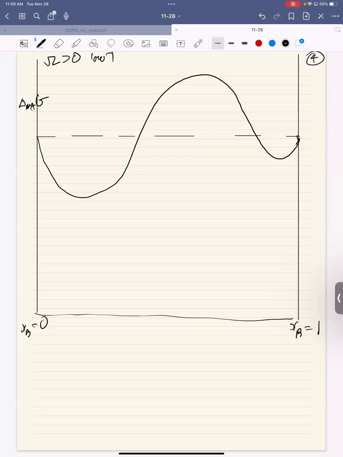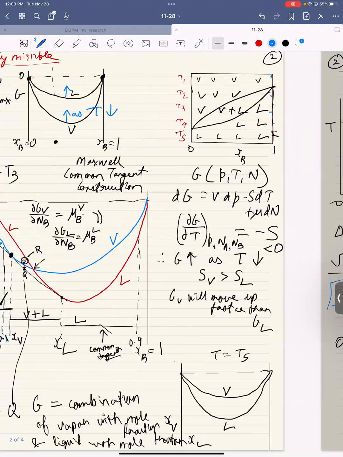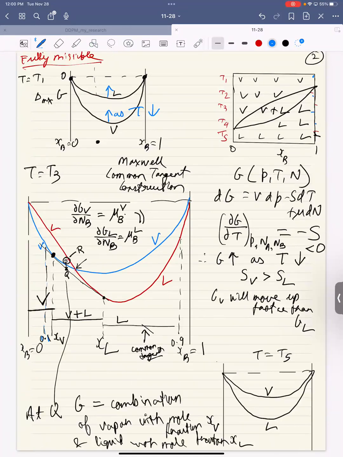So there is only one line which is a common tangent. This is our common tangent. This is different from last time, right? Last time we drew a common tangent between two free energy curves, because the free energy curves themselves were simple.